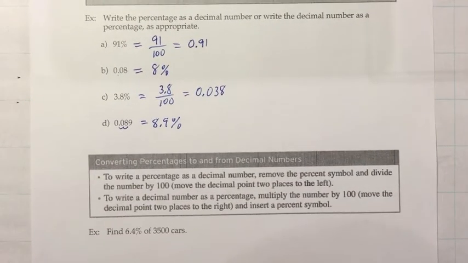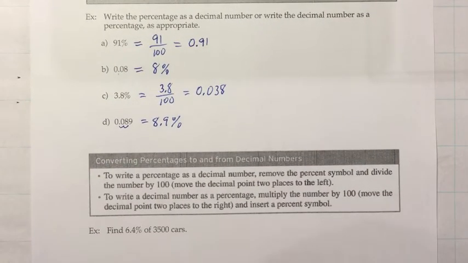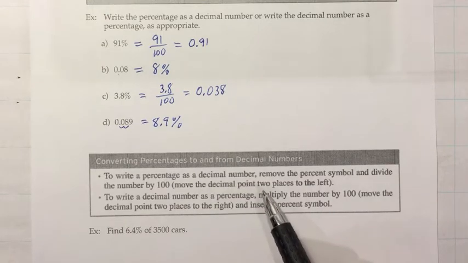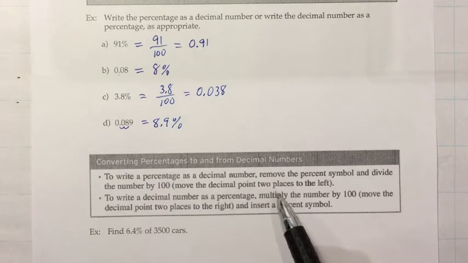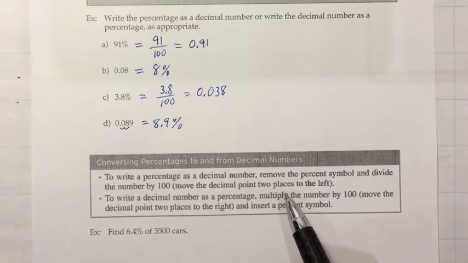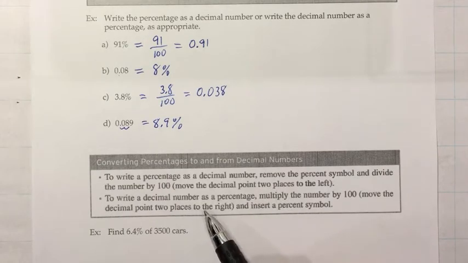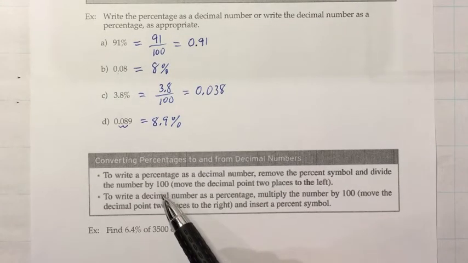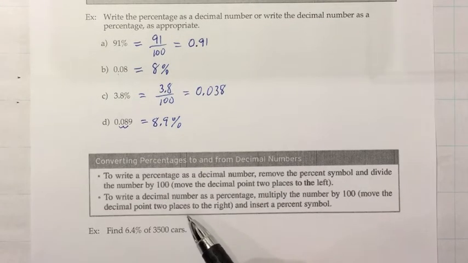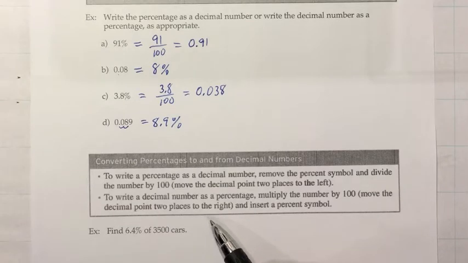If you're converting to and from decimal numbers, to write a percentage as a decimal, remove the percent symbol and divide the number by 100, which will have the effect of moving the decimal 2 spots to the left. To write a decimal number as a percentage, you want to multiply by 100 because you want to do the opposite of up above, and that will have the effect of moving the decimal 2 spots to the right, and then make sure you remember to insert the percent symbol.